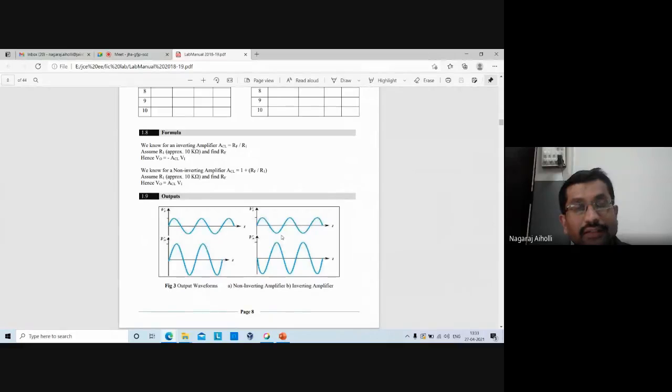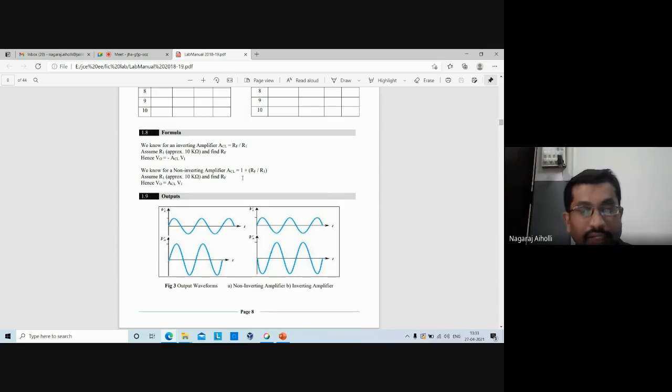No doubt there is importance of the polarity of the output and the input, but the magnitude of the output is always more than that of the input, because they are amplifier circuits. In the inverting amplifier, the output is having more magnitude than the input. Similarly, in the non-inverting amplifier circuit also, the output is having more magnitude than the input signal. That is why we call them amplifiers.